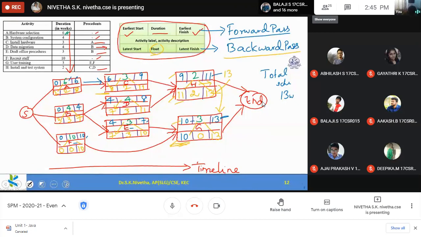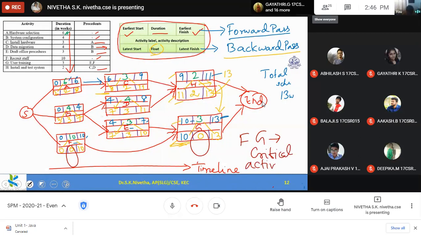In activity F, it is 0, and in activity G, it is 0. In both these activities, the float value is 0. For all other activities, we can delay carrying out the activity. There is a cushion for all other activities. So activities F and G are critical activities.